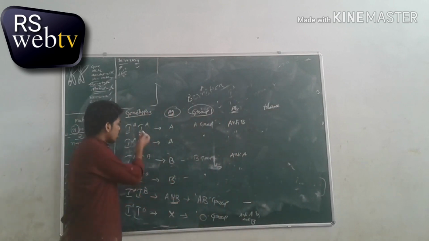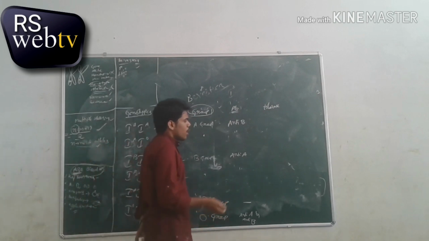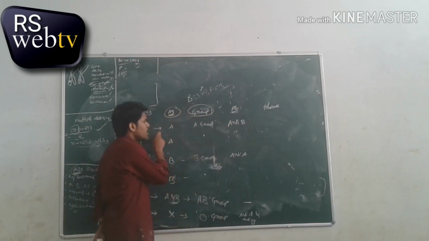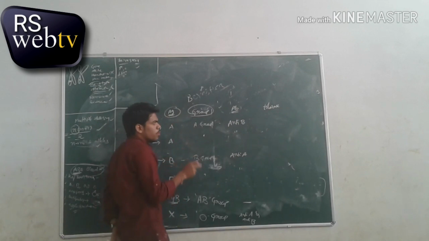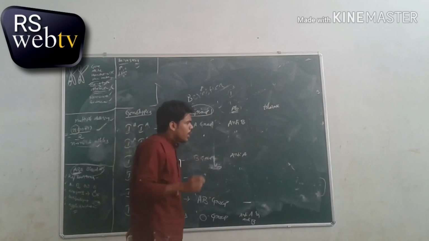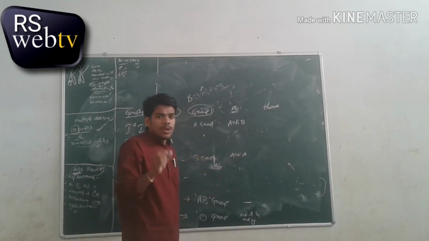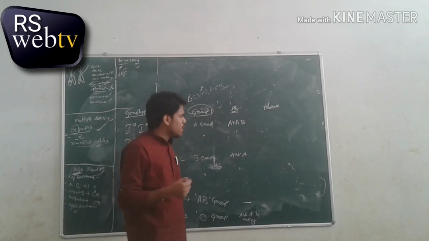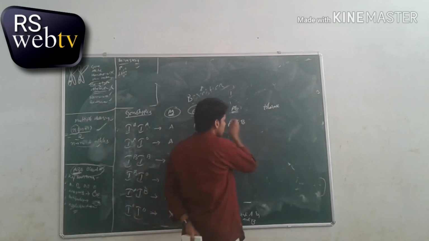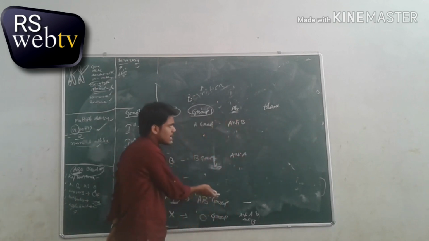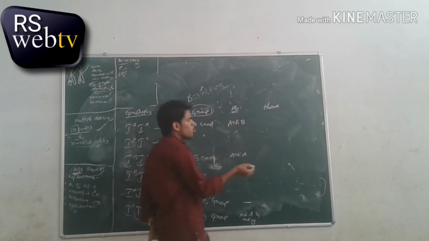Now, which groups can be tolerated by these groups' persons? He can tolerate A group and O group. First of all, we know that O is universal donor. So all the persons can receive blood from O group person.